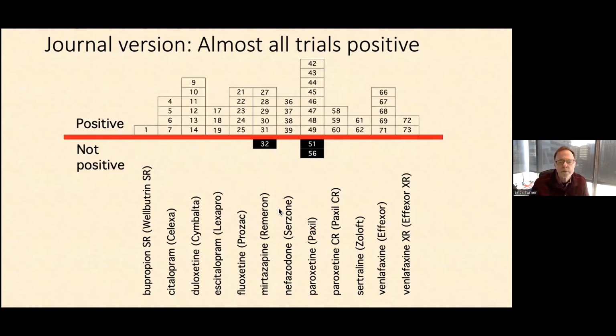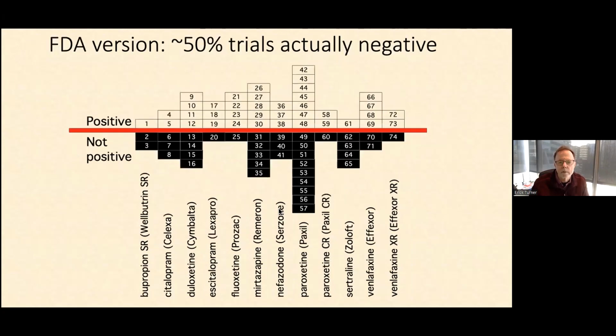But then, if you looked at the FDA's version of the same trials, you get a very different picture, and you see that, lo and behold, there are a lot of negative studies. Basically, it was about 50%: 50% were positive, 50% were not positive. Quite a difference.